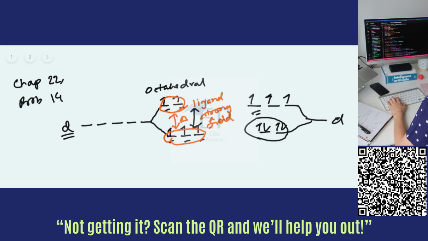Since the ligand is strong field and the energy difference between these two is very high, in that case the electrons from the ligand will not be able to go to the higher state, or they will need very much higher energy to go to the higher level orbitals. So what will happen in that case? In that case, they will first fill up the lower energy level orbitals.